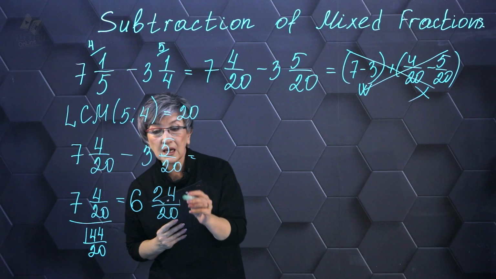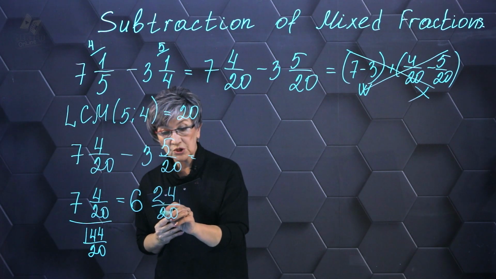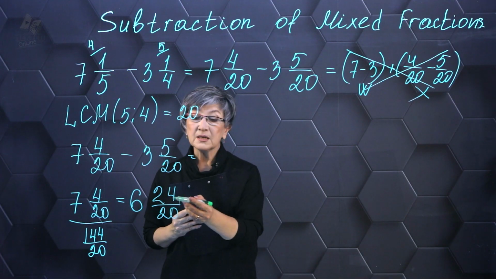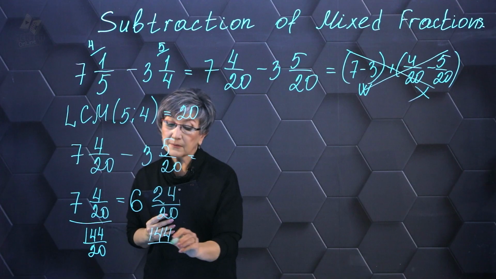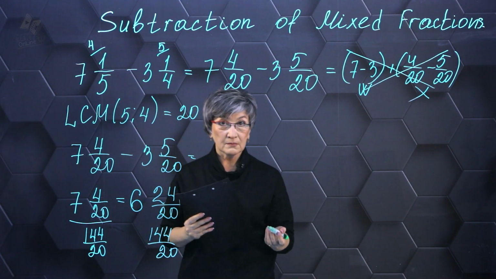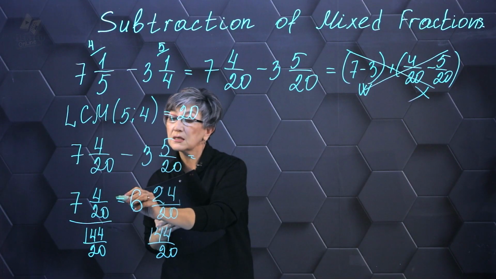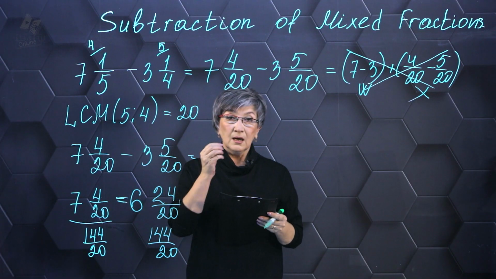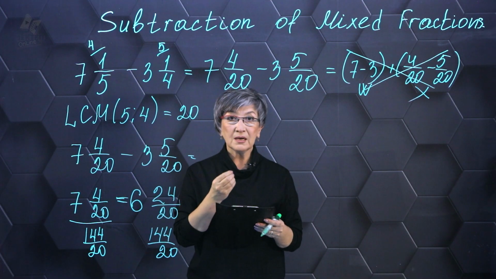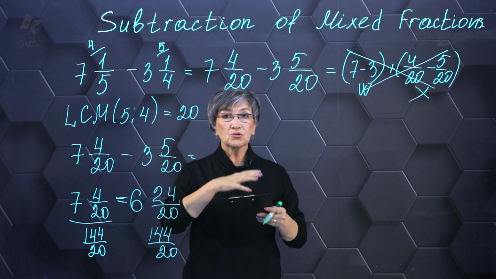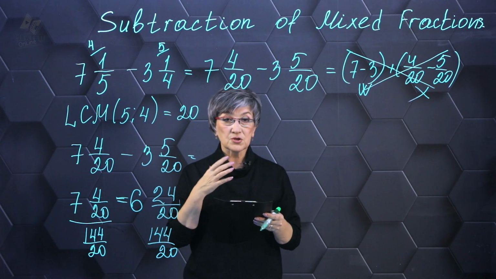What if, guys, I convert this mixed number to an improper fraction? 6 times 20 would be 120, and 120 plus 24 would be 144/20. That is, we got the same numbers, so we did it right. Note that mixed numbers allow us to write a number in a different form, but the result is the same value.